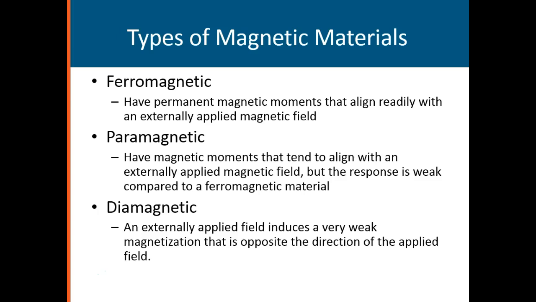And the electric field in the dielectric is opposite the direction of the electric field between the plates. Same thing here. You have a magnetic field between two magnets, say, poles of a magnet, going this way, then you have a diamagnetic field induced in the opposite direction.